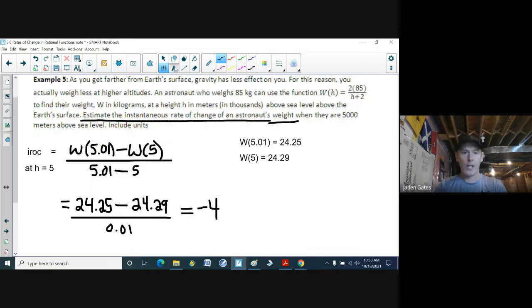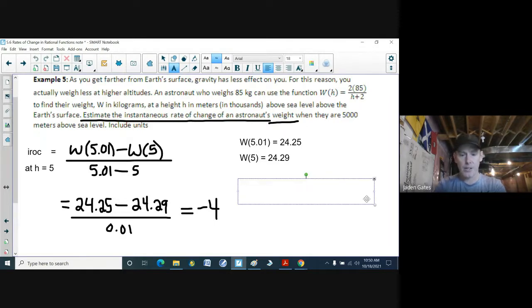Okay, so again, what does that mean? Our weight is in kilograms. Our meters are each one is 1,000. So that is saying this is therefore the astronaut's weight. How do I spell astronauts? There it is up there.